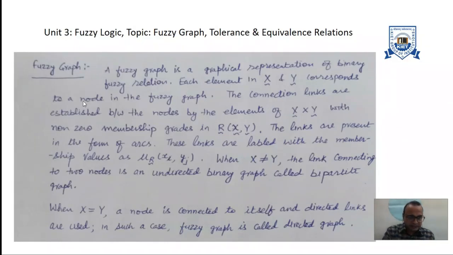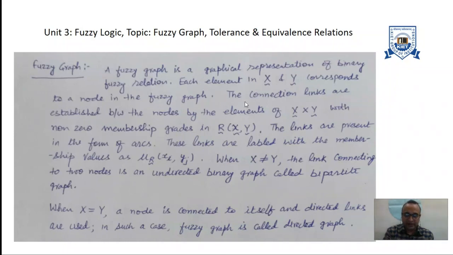For example, here x is a fuzzy set, y is a fuzzy set. Each element of fuzzy set x and fuzzy set y corresponds to a node of the fuzzy graph.